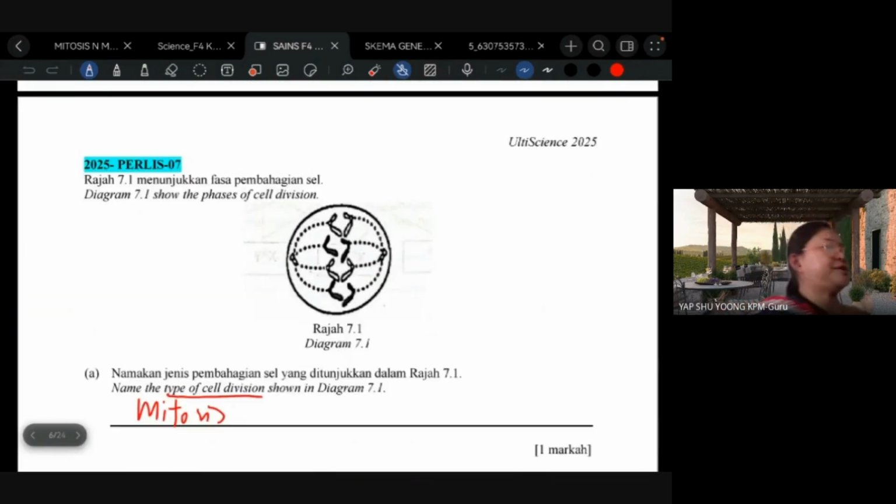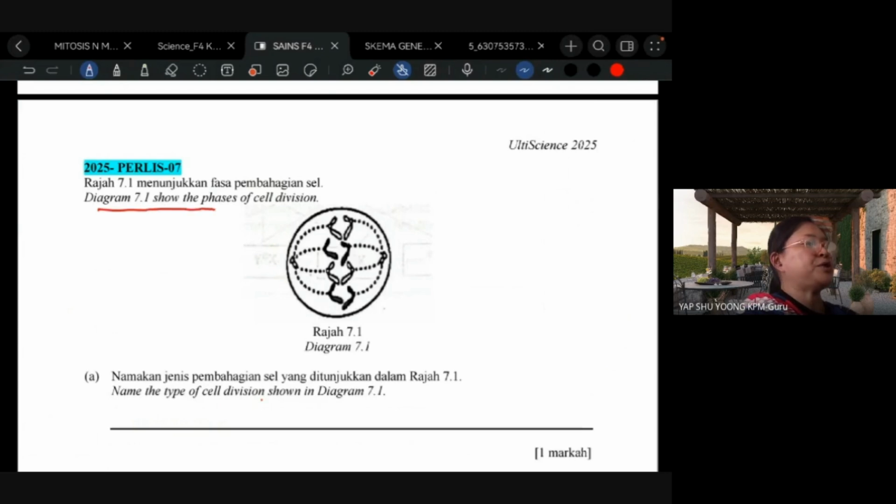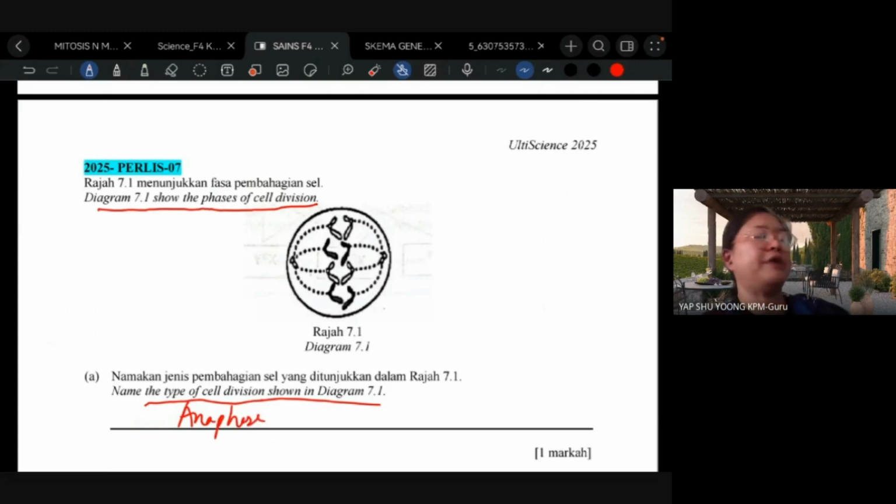Okay, go to this phase. From here you can see diagram 7.1 shows the phases of the cell division. Name the type of the cell division shown. What phase is this? This is anaphase. Why can we not put anaphase 1 or 2? Because the color has no change, no exchange of DNA.